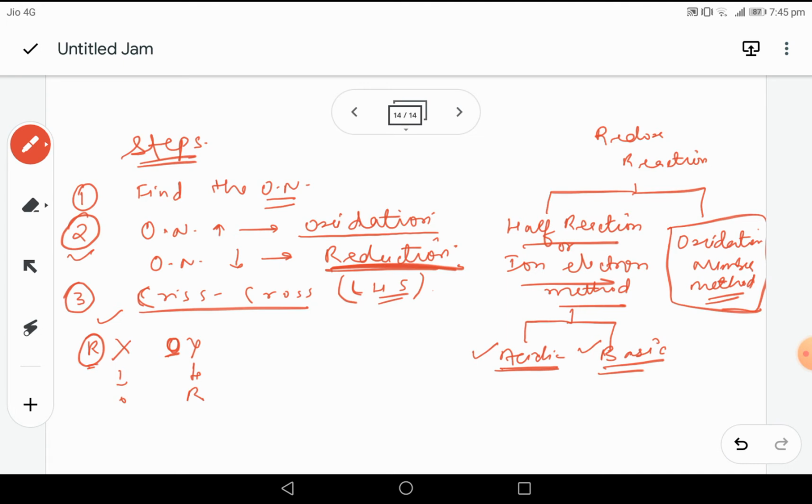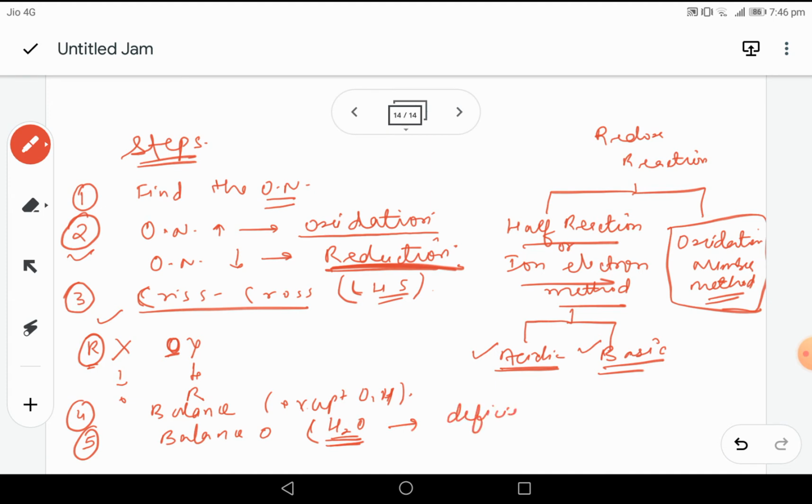In the fourth step, we will balance every other atom except oxygen and hydrogen. We will not balance oxygen and hydrogen. In the fifth step, we will balance oxygen. How to balance oxygen? Only by adding water, and water will be added to the side which is deficient in oxygen.